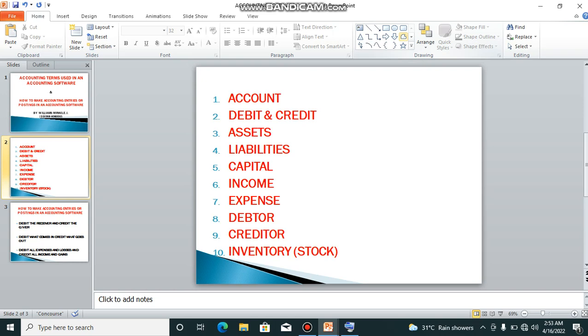It can be anything that enables a business to get benefits. For example, land, as far as the business is the owner or has control over it, building, stock of goods, cash, equipment, and so on and so forth.